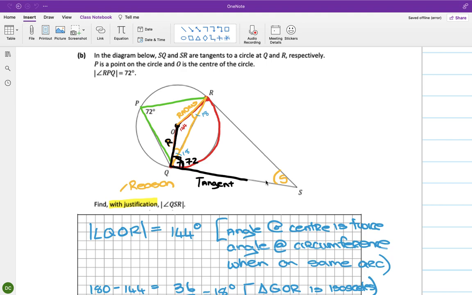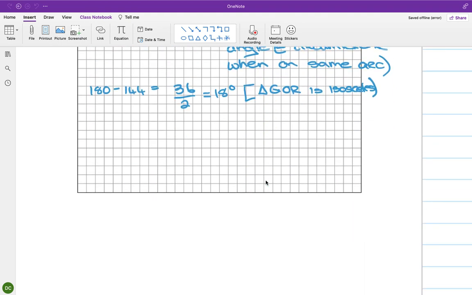So angle RQS is 72. And the reason for that is tangents are perpendicular to radii. So 90 minus 18. Good?